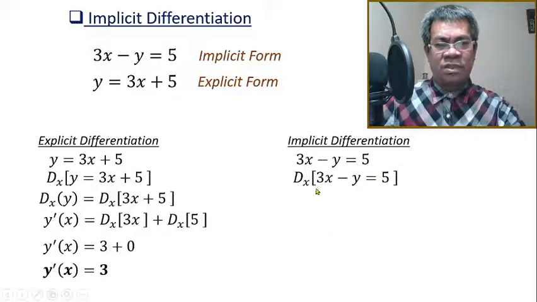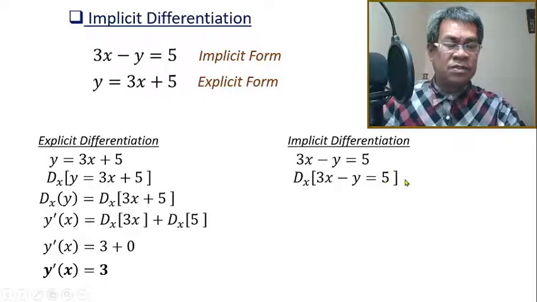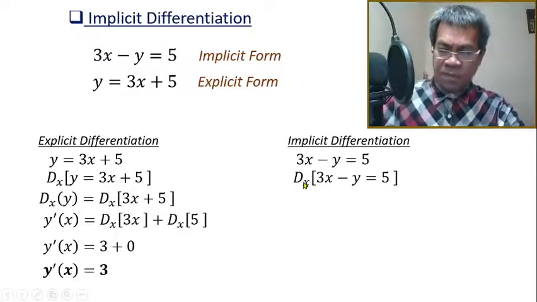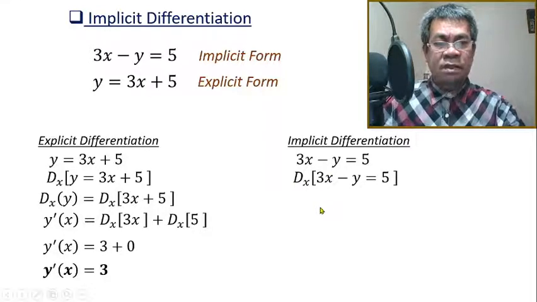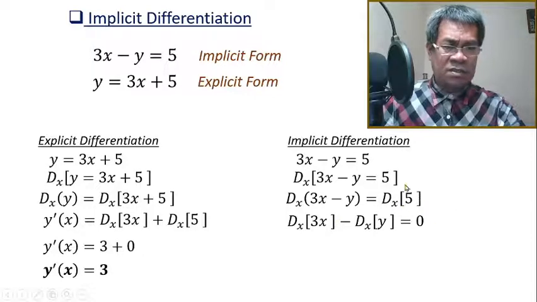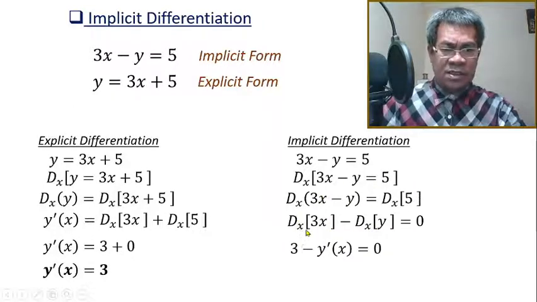When we see the sum rule, it can be applied to an equation, so each term must have the operator d/dx. The derivative of 5 is 0. The derivative of 3x is 3, and the derivative of y is dy/dx, or y prime of x.